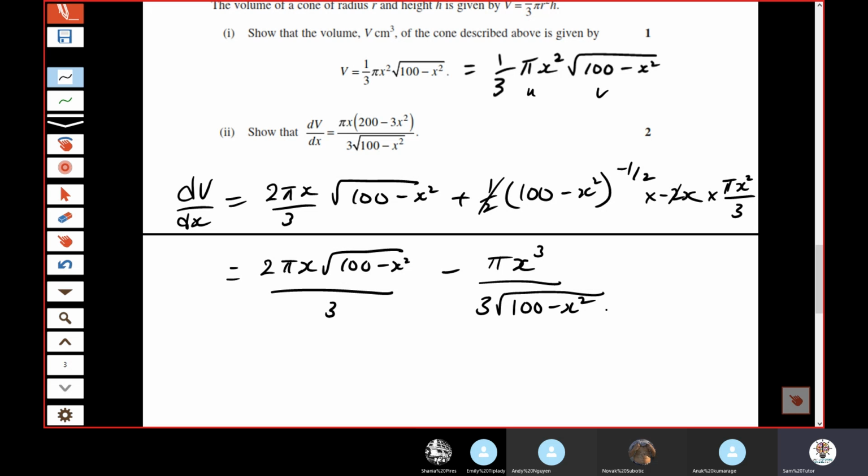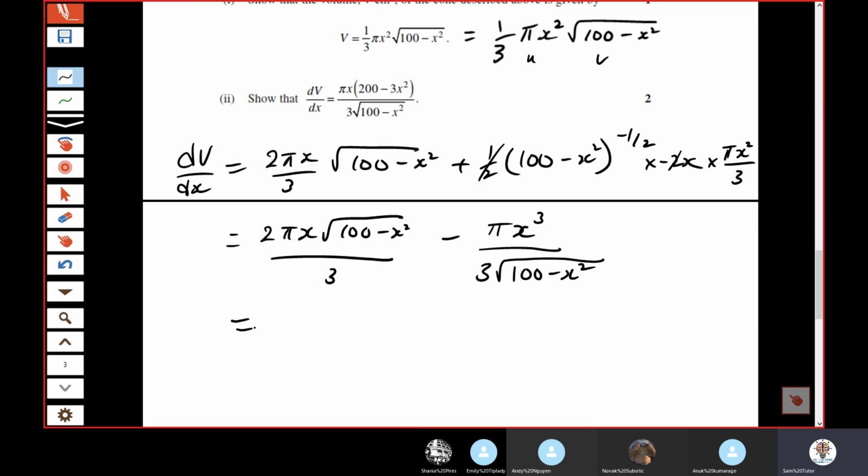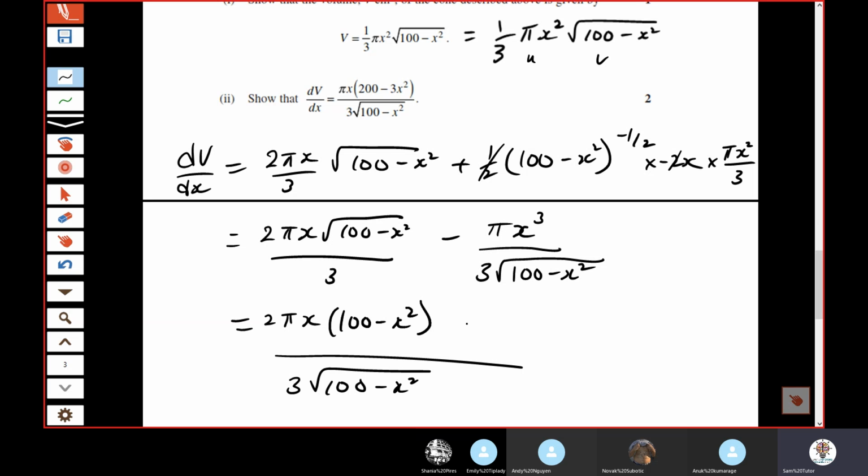True? Okay, and I think you know what you're going to do with your next line. You should just do common denominator. Fingers crossed, you're pretty much done. So common denominator, you're going to get 2 pi x. Your common denominator is obviously this, which is exactly what they have up here. You're missing the square root, so square root and square root becomes just 100 minus x squared, minus, nothing's missing here.